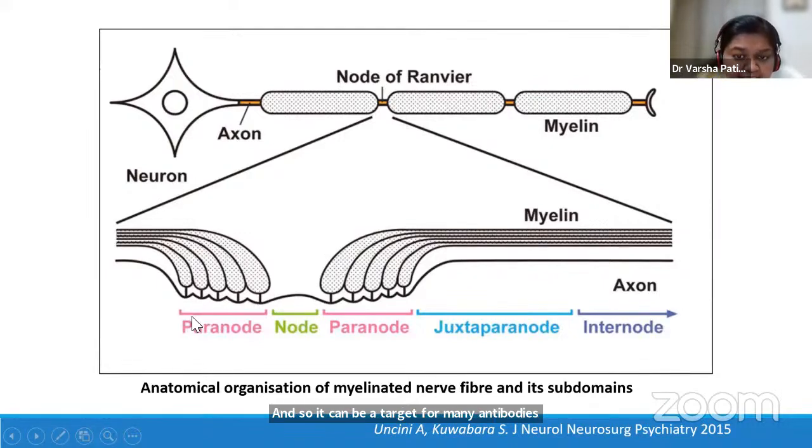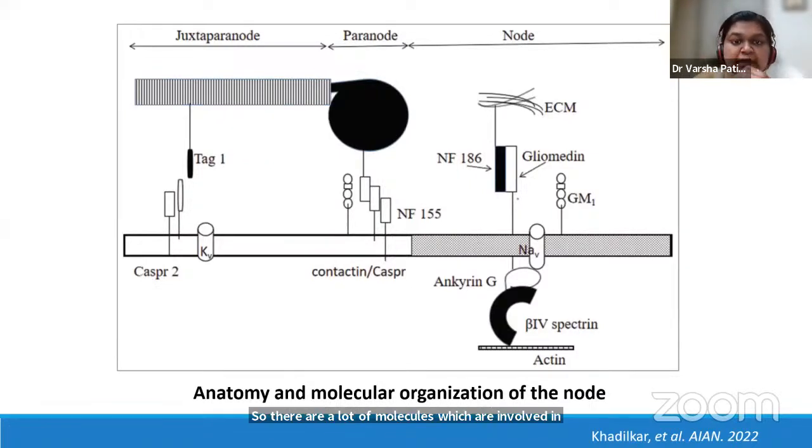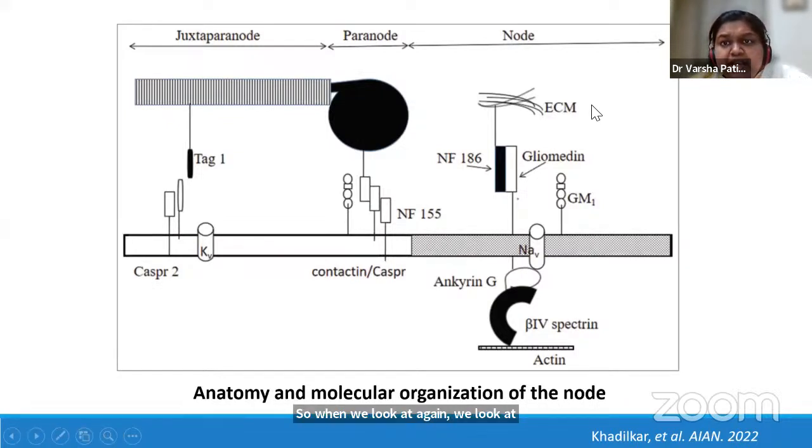Now beside your node are these 3 regions. You have the paranode, where you have these Nageotte loops, those things that I was talking about, attached here. Then the region just beside that is the juxtaparanode, and the internode. Now, there are a lot of molecules involved in stabilization of the membrane of the nerves in this internodal region. When we look at these juxtaparanode, node and paranodal regions, we look at these molecules.